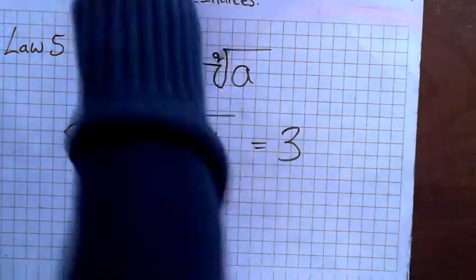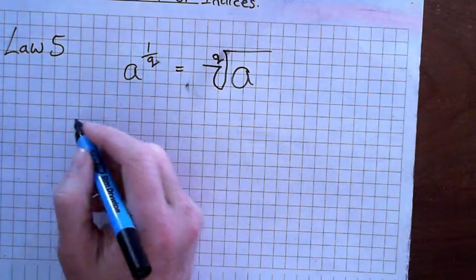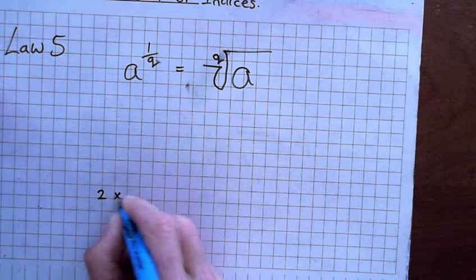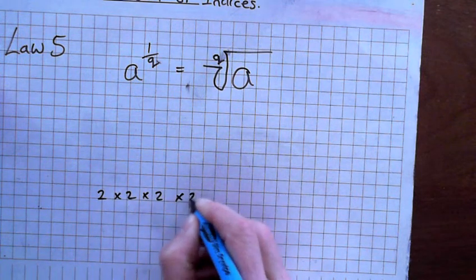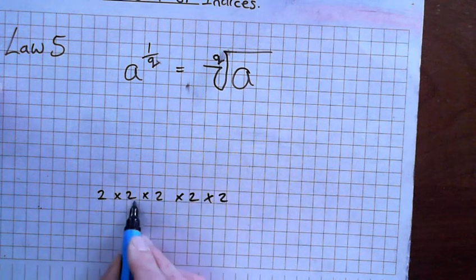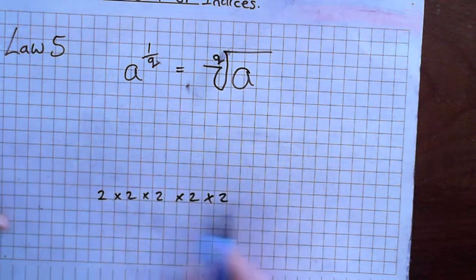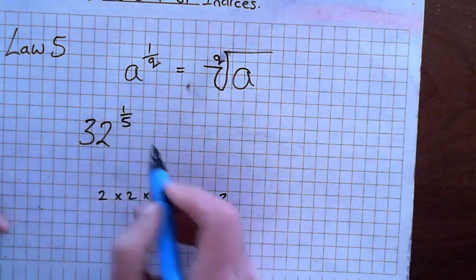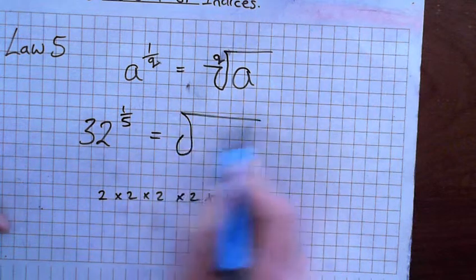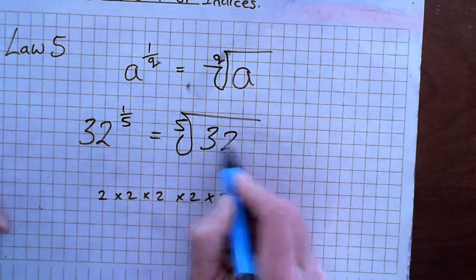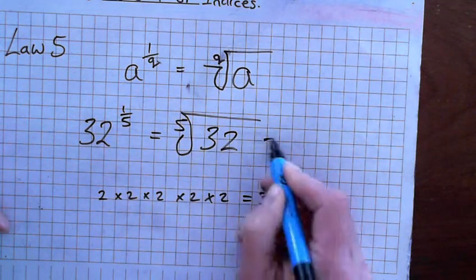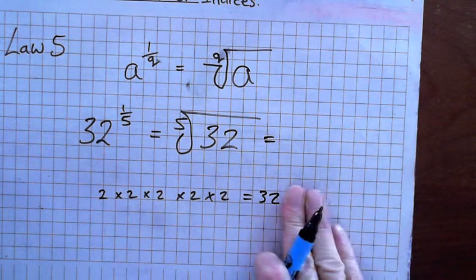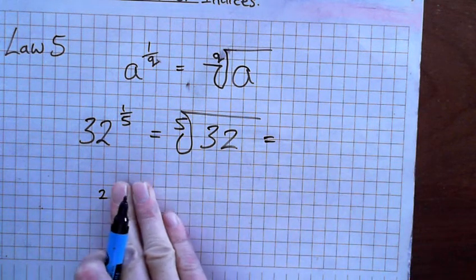Okay? And let's say if we went on to fifths. What's 2 by 2 by 2 by 2 by 2? 4, 8, 16, 32. 32 to the power of 1/5. The fifth root of 32. What's the answer? 2.